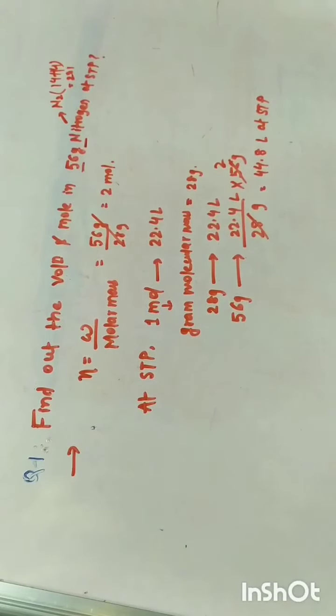Now, since 10 to the power of 21 molecule is given, we have to write the formula of number of moles in terms of molecule. So we know that number of moles is equal to N by Na, where N is number of particles and Na is Avogadro number. So number of particles is 10 to the power of 21, and this is our mole.